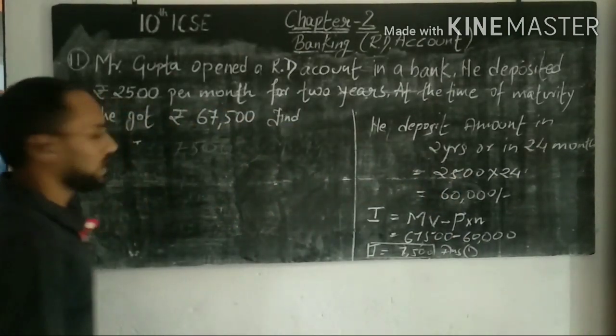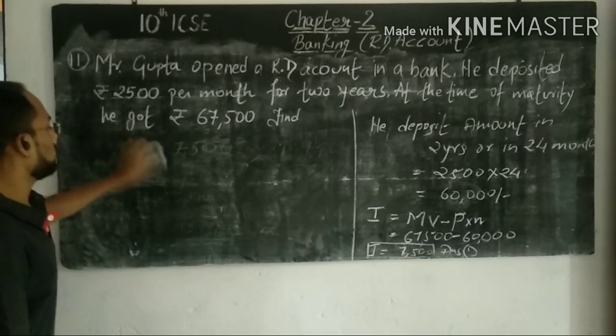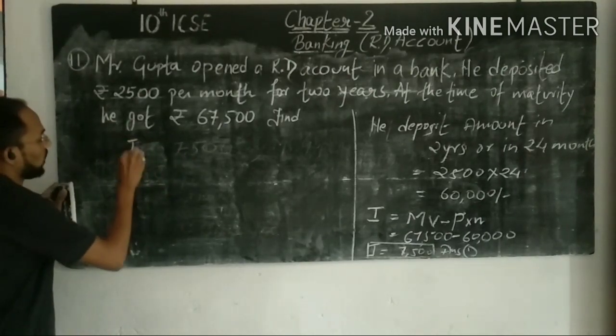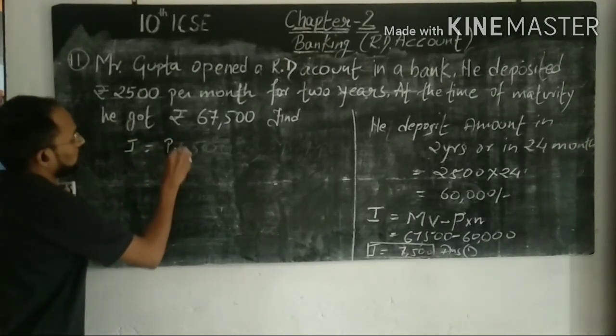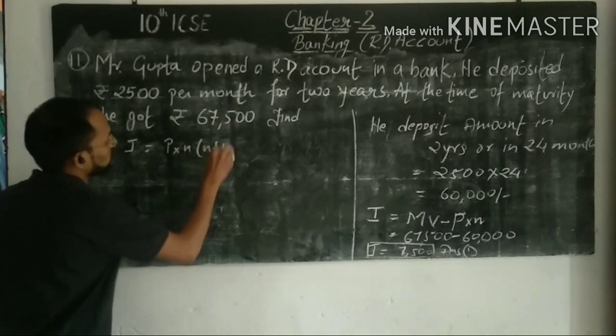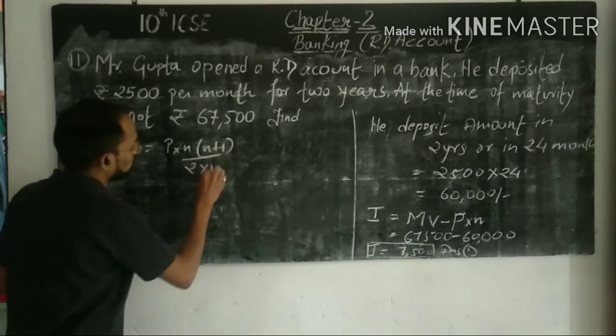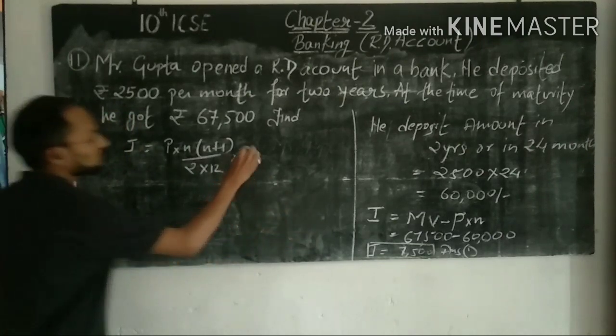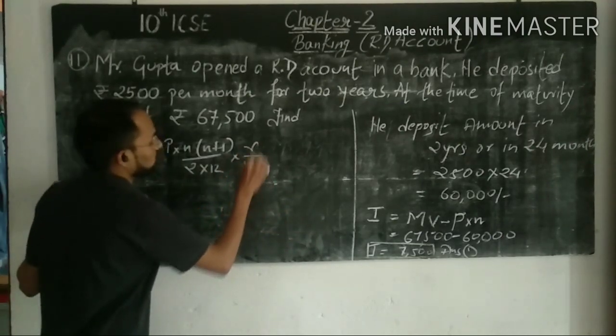Now we have to find the rate of interest. So we use the formula of interest, I equals P into n into n plus 1 divided by 2 into 12 into R upon 100.